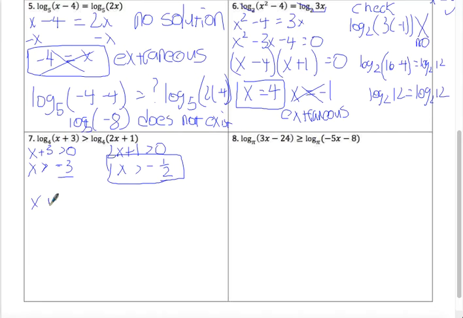Now, I can solve the inequality. Again, since the log is on both sides of the equation, I can ignore it. And solving this, I subtract 3 and subtract 2x, then I get -x is greater than -2.